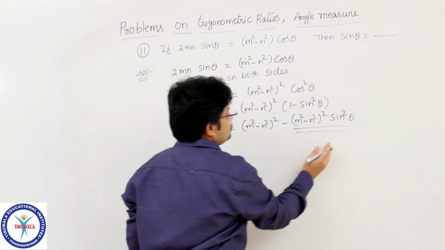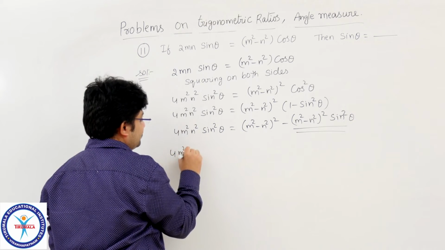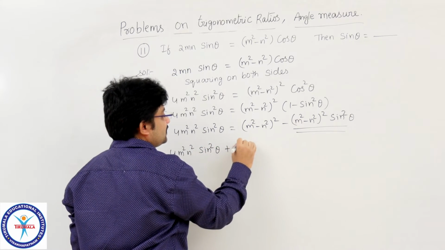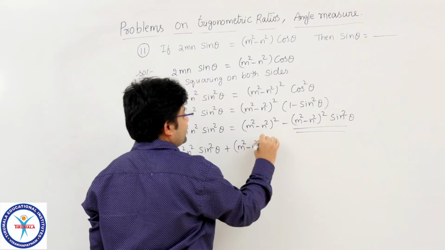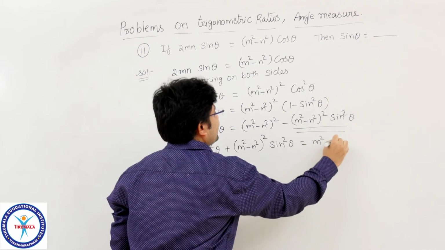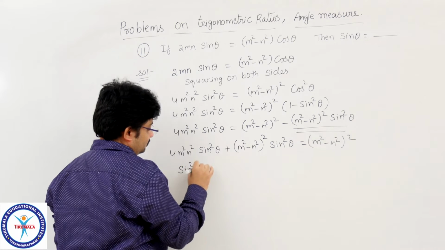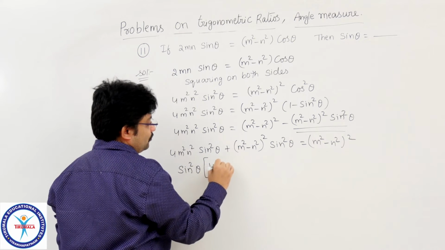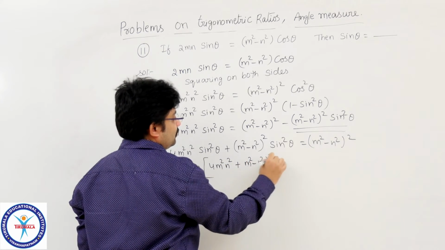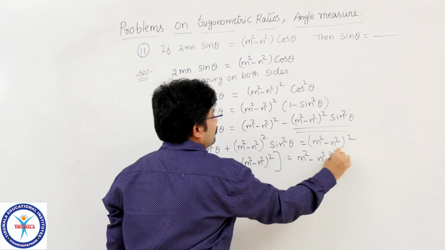Now, transpose this to the left hand side, then it becomes 4m²n² sin²θ plus (m² − n²)² sin²θ is equal to (m² − n²)². Now, take sin²θ as common, then it becomes 4m²n² plus (m² − n²)² is equal to (m² − n²)².